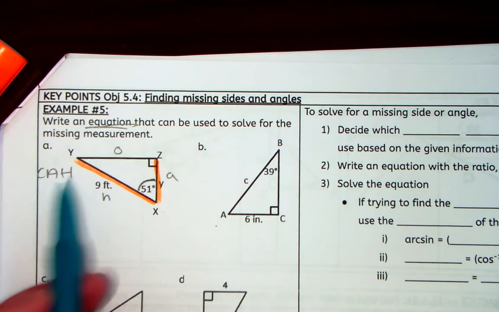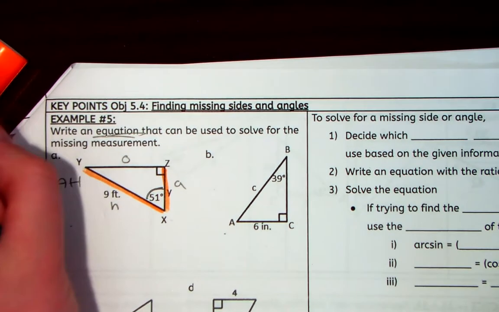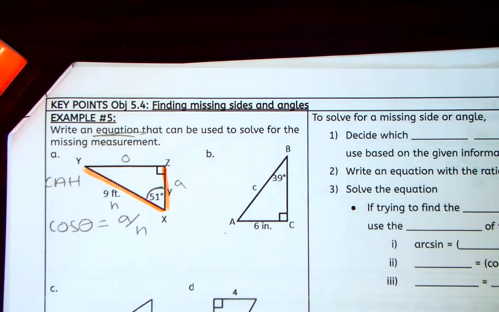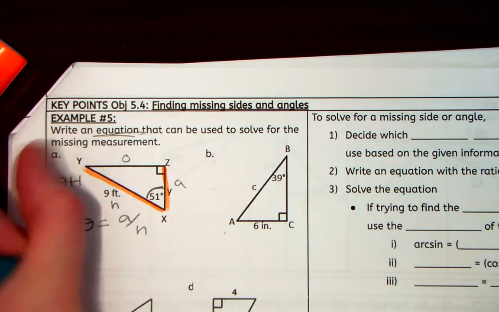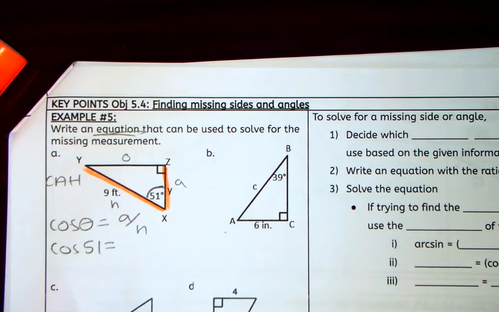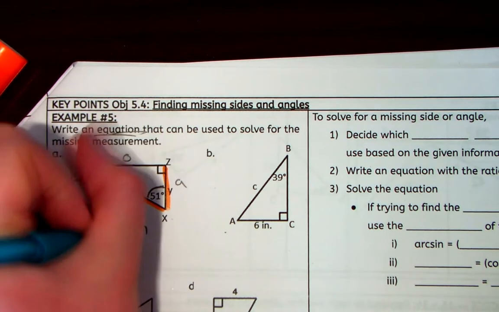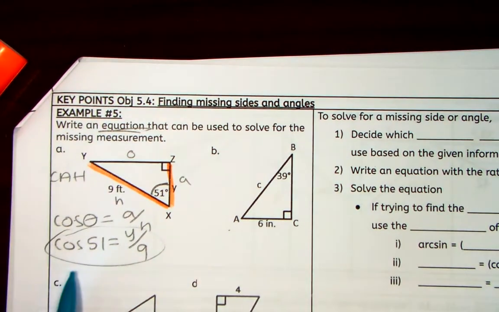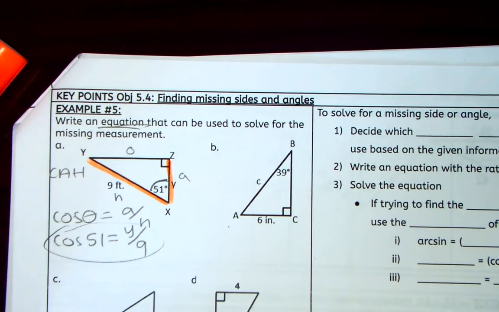But basically I can use this trig ratio to set up an equation. Cosine of theta is equal to adjacent over hypotenuse, right? So cosine of 51 is then equal to y over 9. So now I have a setup of an equation. I can solve this equation. We'll get into how to solve it in a second. Right now I'm just setting up the equation.